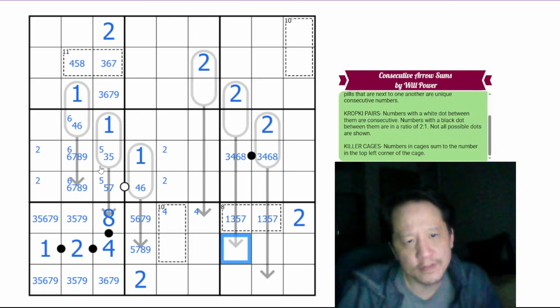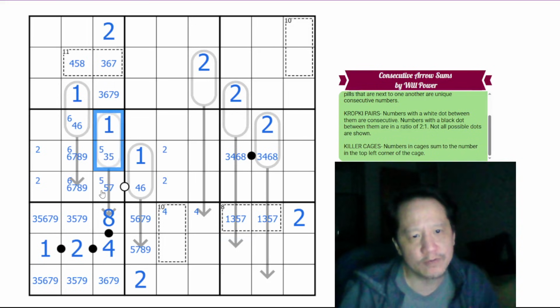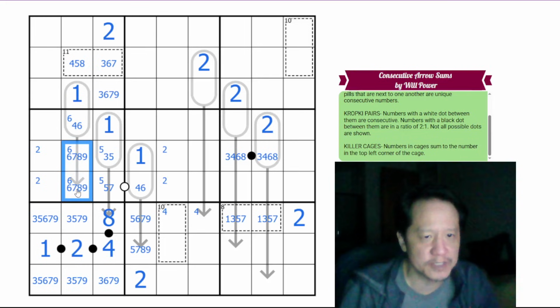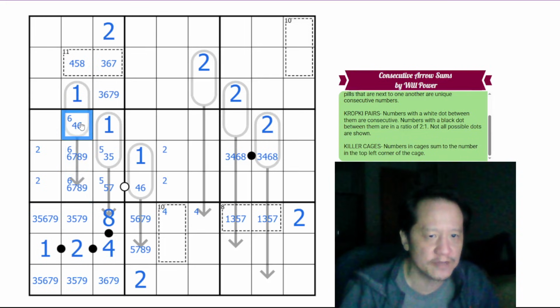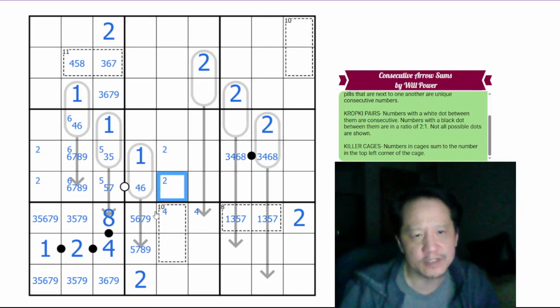If this were 15, that would force this to be 7. So this could not be 7, 9 anymore. It would have to be 6, 8, and 4. That doesn't help us much.